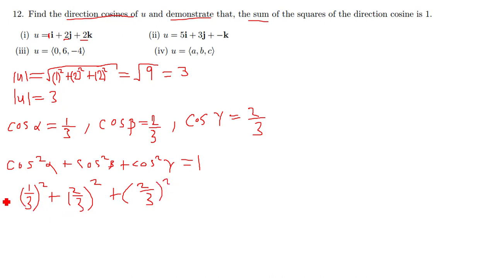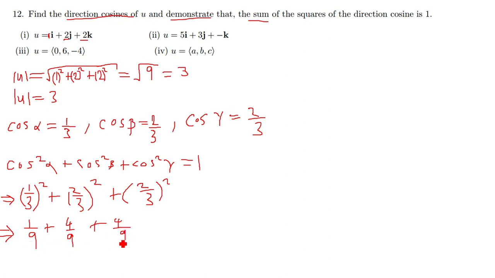Let's see if this is going to give us 1. We've been told to demonstrate that this is going to give us 1. So this one will give us 1 over 9. The other one will give us 4 over 9. And then the last one will also give us 4 over 9.